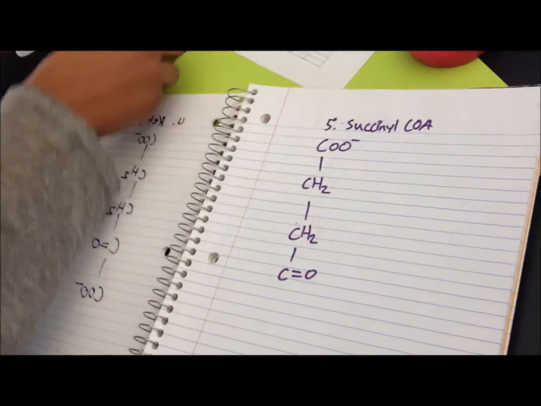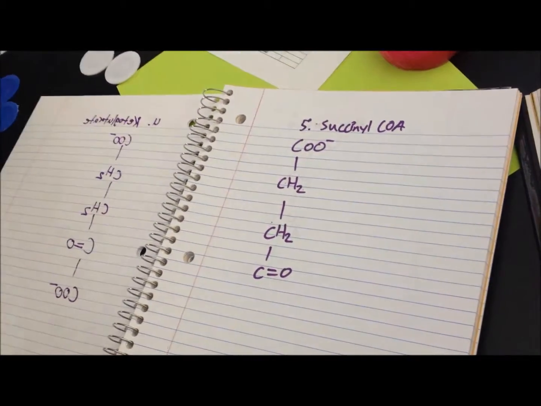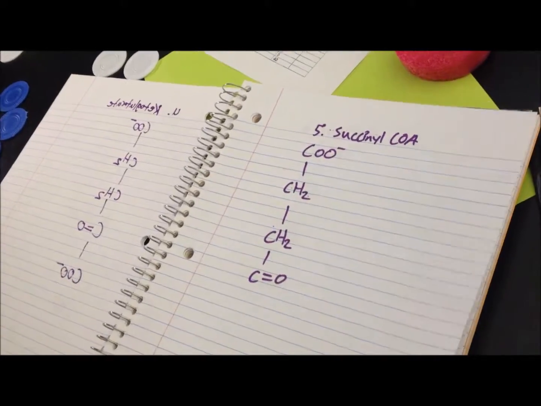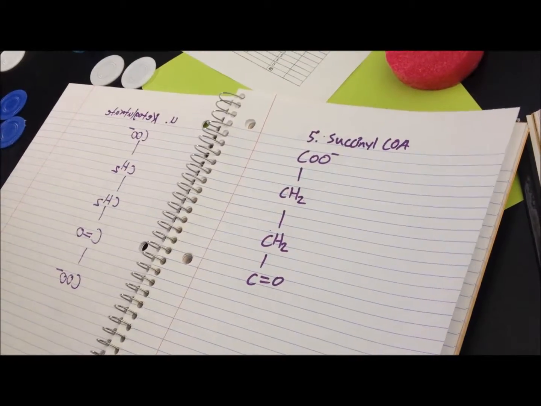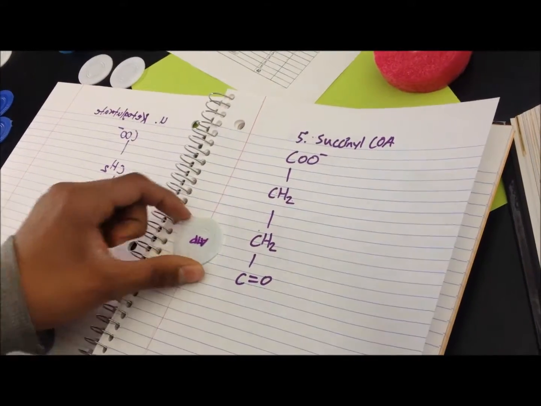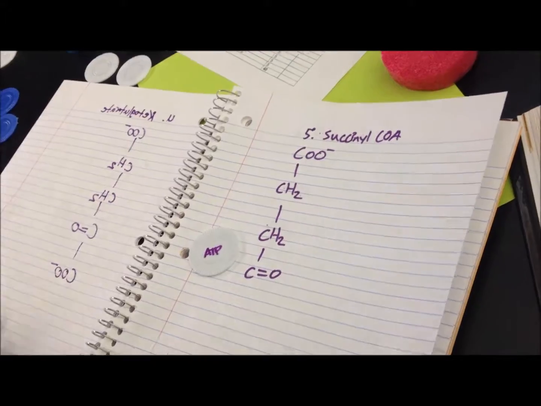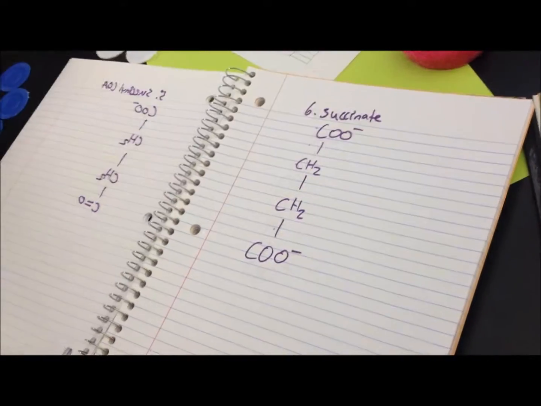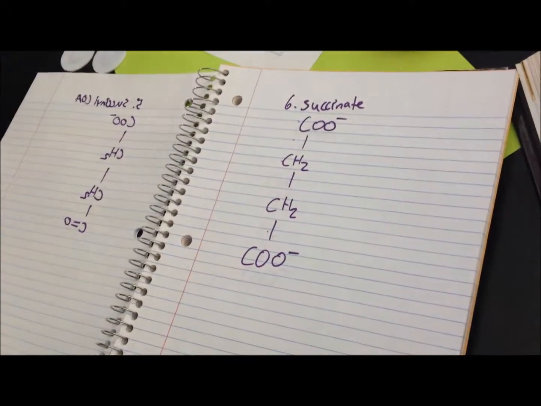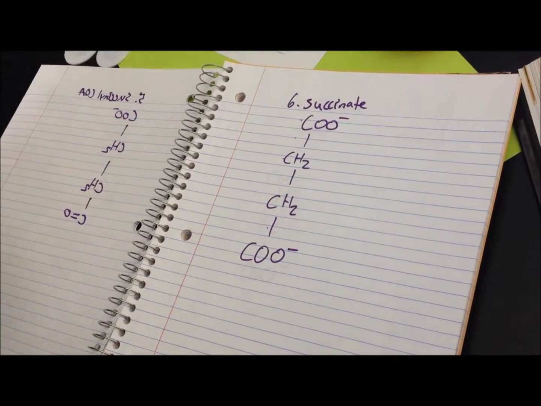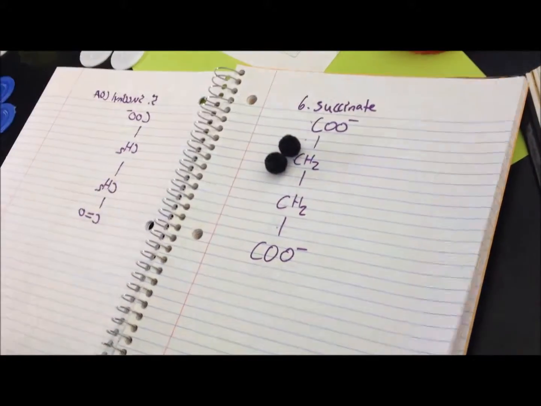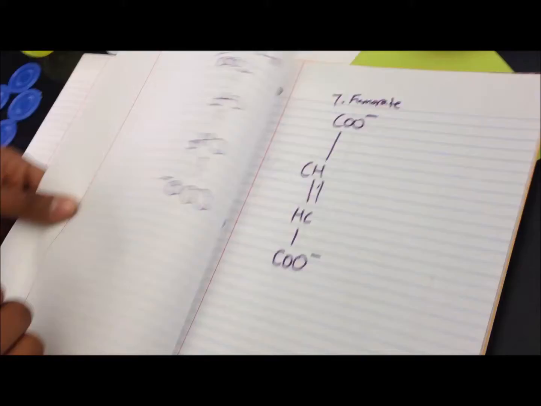CoA is displaced by a phosphate group which is transferred to GDP, forming GTP, a molecule with functions similar to ATP. GTP can also be used, as shown, to generate ATP. 2 hydrogens are transferred to FAD, forming FADH2, and oxidizing succinate.